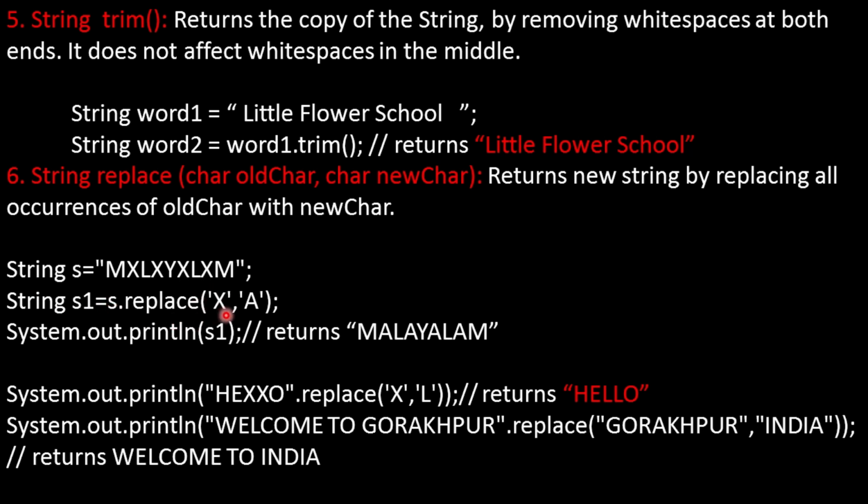Wherever X is there, we are going to replace that X with A. So the character to be replaced will be written here, and the character you want to place in place of this will be written here. So S dot replace, all the occurrences of X will be replaced with A, and my answer is there in S1. So let us print that answer. System.out.println S1.